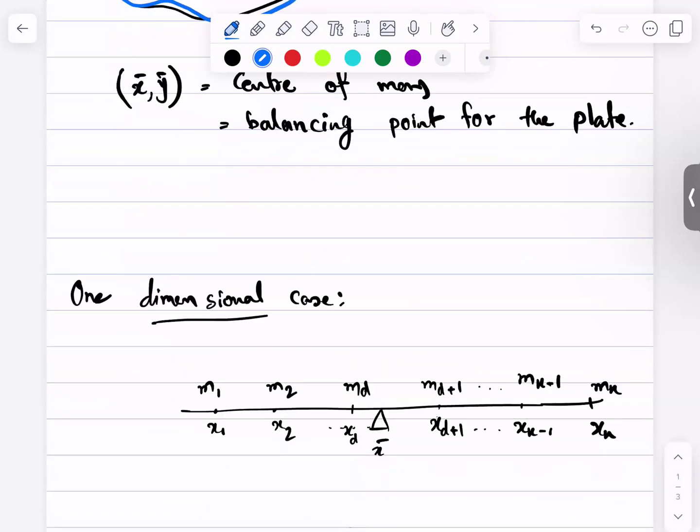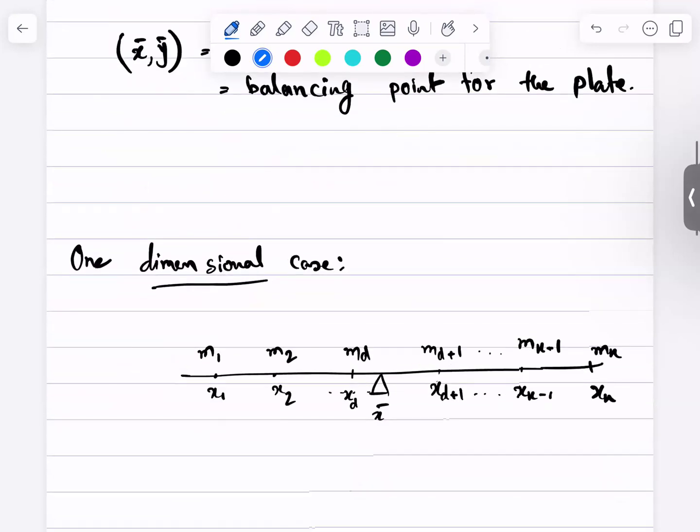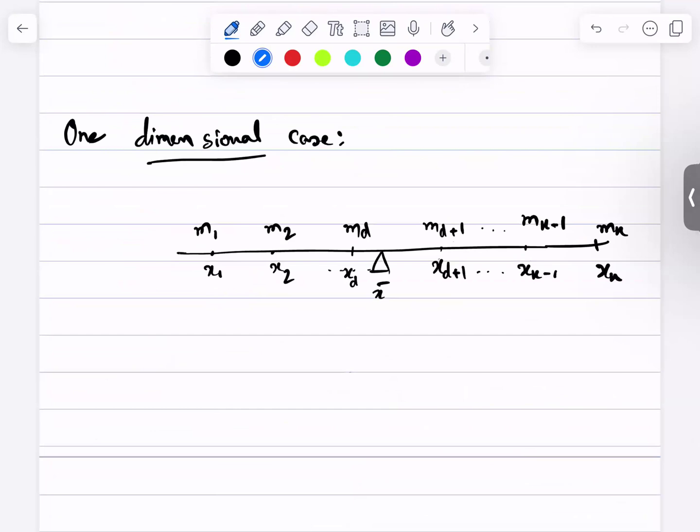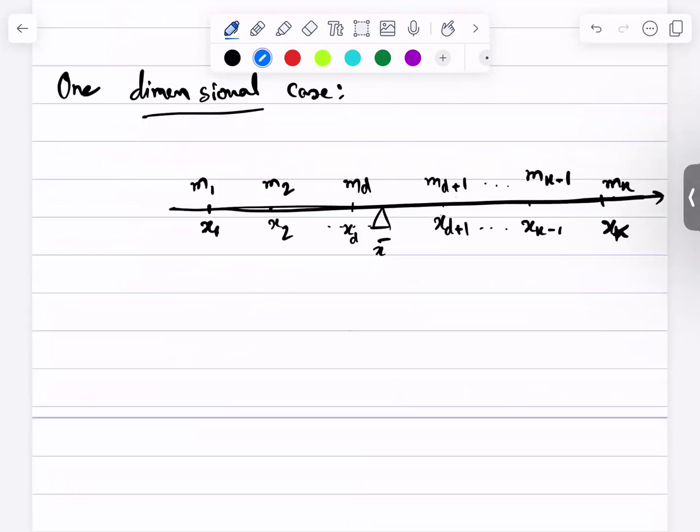Okay, so there are several cases. The very simple one would be the one-dimensional case, where you have a string like this, and say these points are x1, x2, xd, xd plus 1, and so on till xk. And say this is the x-axis, and these are the k points.